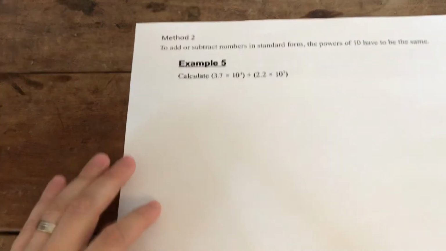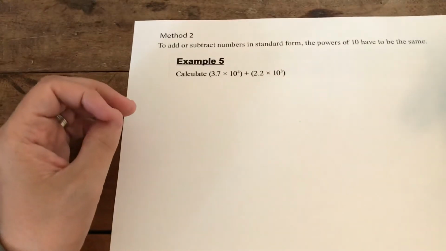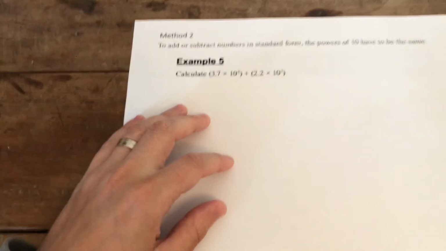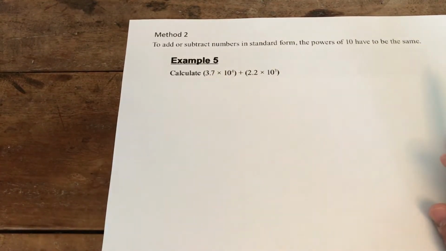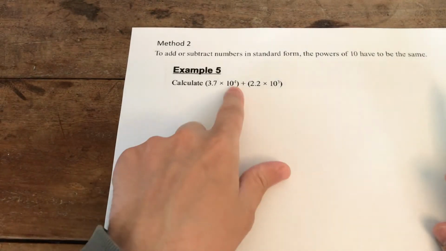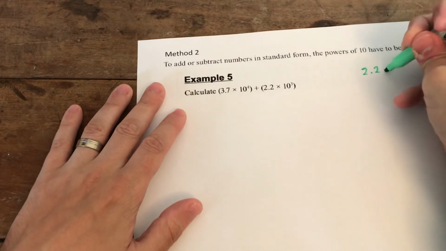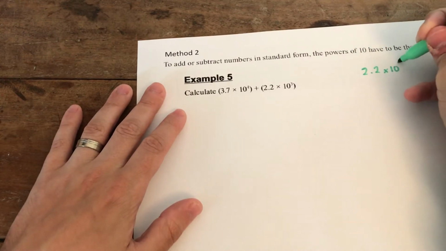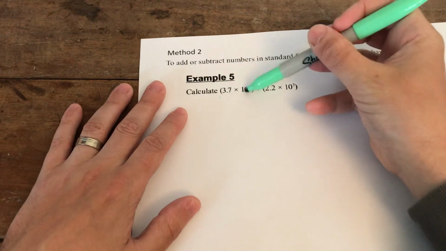In our other method, what we will do is we will add or subtract numbers in standard form, and we'll make the powers of 10 the same. So if we have a look at this problem here, what we want to do is make the powers of 10 the same. So we take our 2.2 times 10 to the power of 3, and we want to make it so that it's got the same power as this number here.